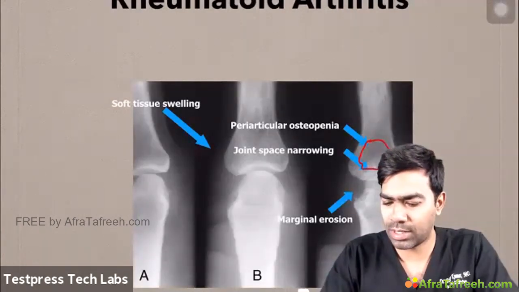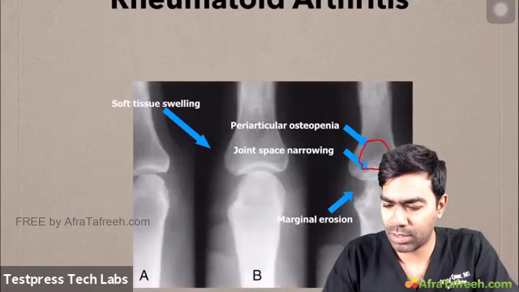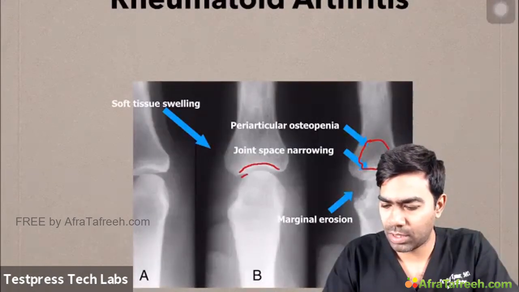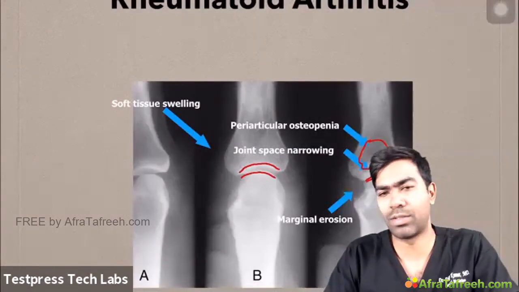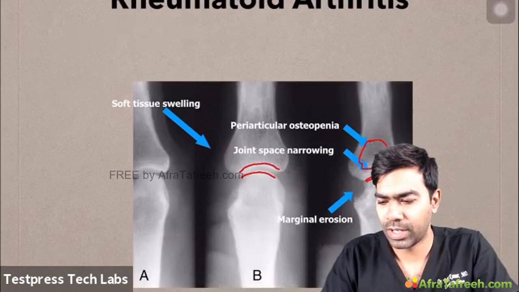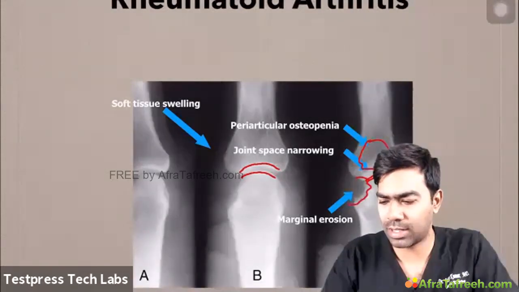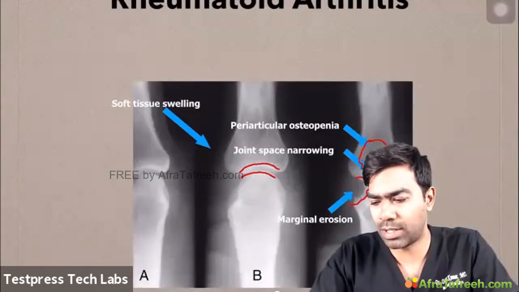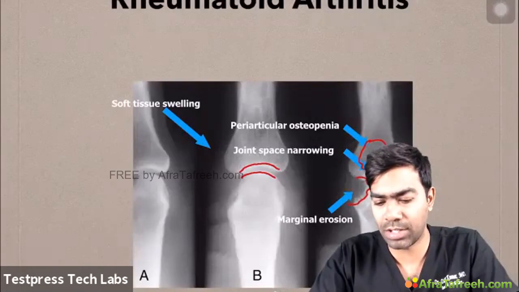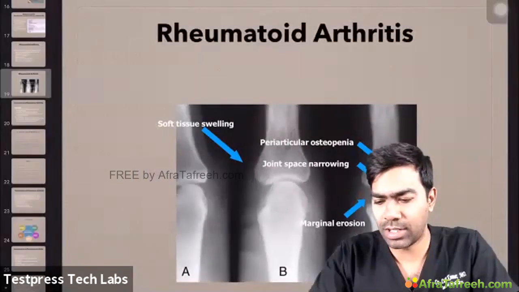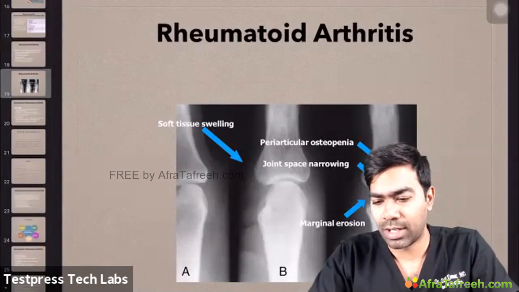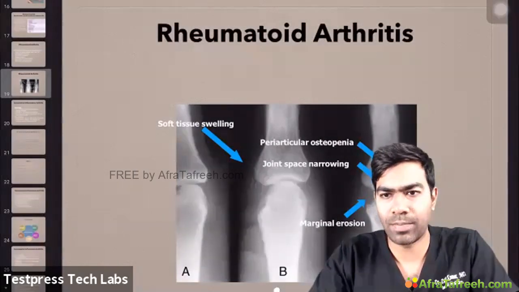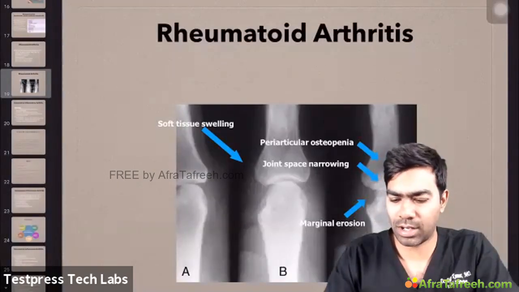At the same time, you can see the normal joint space here, but the joint space is much smaller here. So this is definitely joint space narrowing along with osteopenia, and I can see a little bit of bone that has been taken off, the marginal erosion you're seeing. All these things tell you that this is a typical inflammatory and erosive arthritis, and classically we are talking about rheumatoid arthritis in that regard.